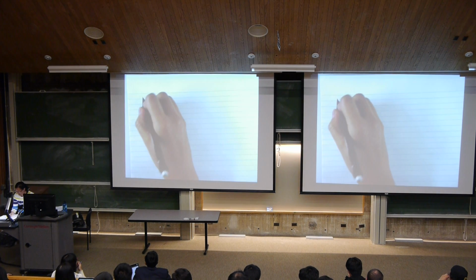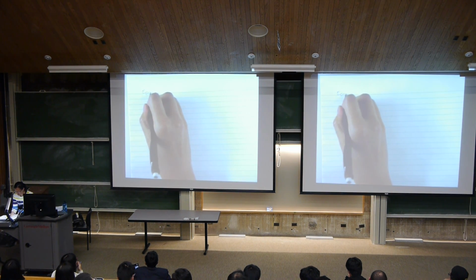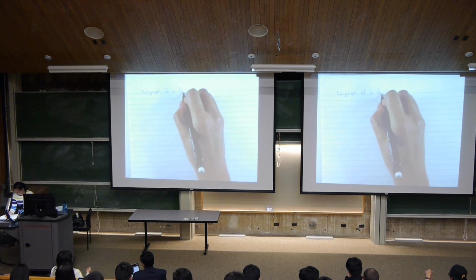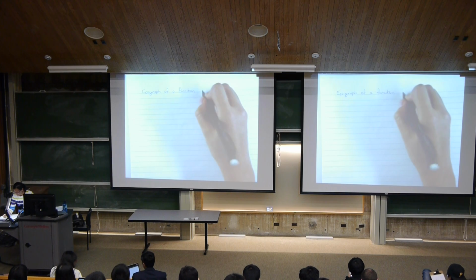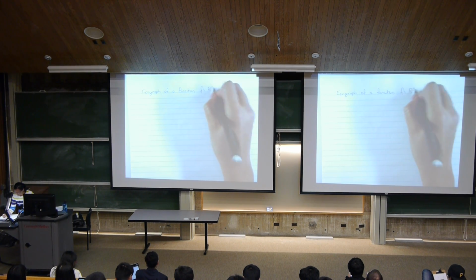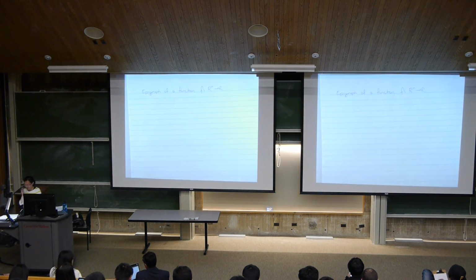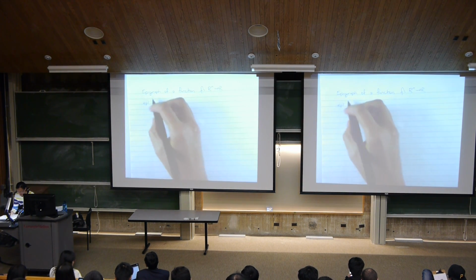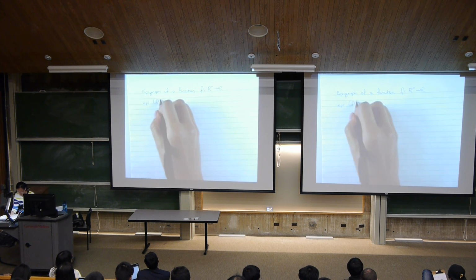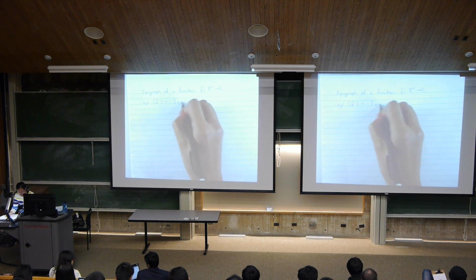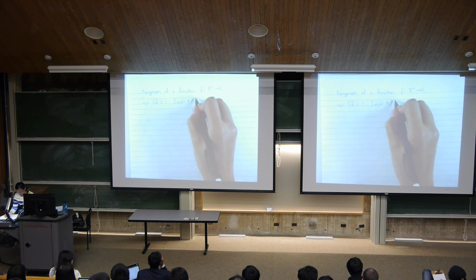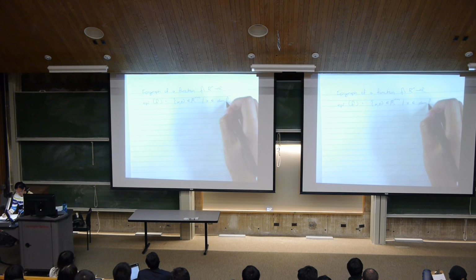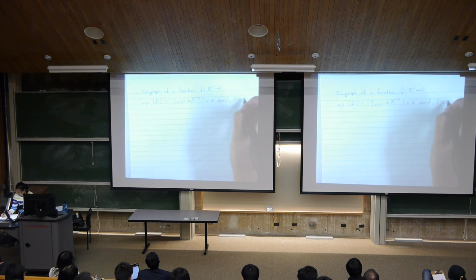Okay, so the first thing he mentioned was the epigraph of a function. The formal definition of the epigraph of f is the set of (x, t) in the reals where x is in the domain of f and f(x) is less than t.